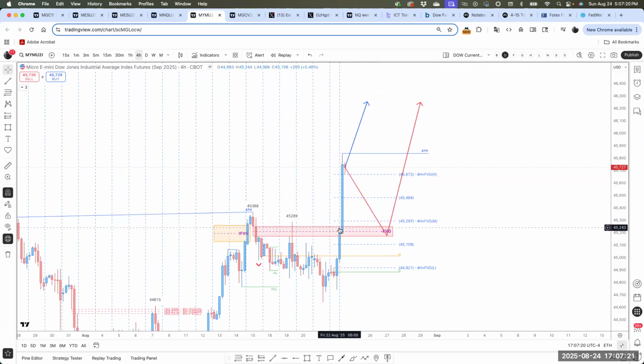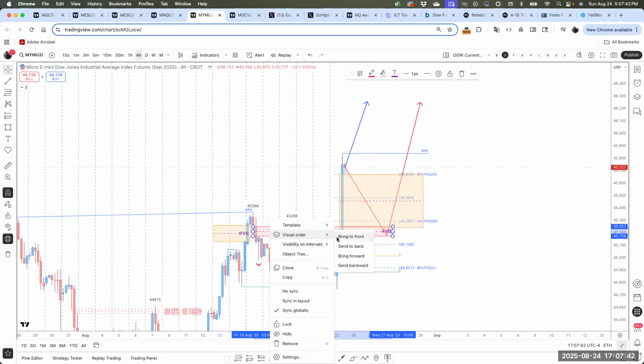This one, from this high to this low right here. So really the main one I want to focus on is this area right here. This is the main area. I'm just including this area because that is the last thing that got inverted right here. Now that it's inverted.